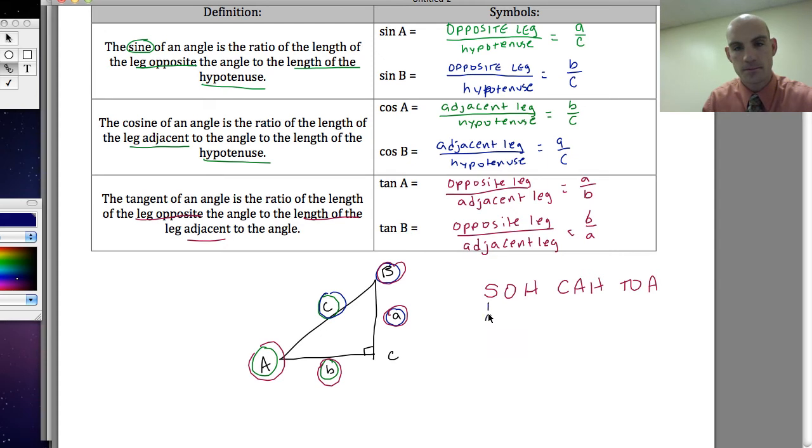So sine, not psi, sine is opposite over hypotenuse. Okay? Cosine is adjacent over hypotenuse.